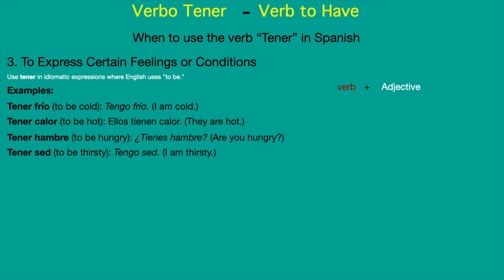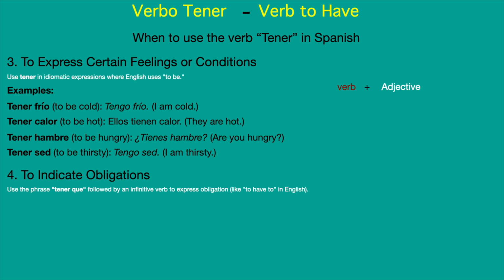Then we have the fourth option, which is to indicate obligation. In English, we also use the verb to have for obligation. Here we have some samples.